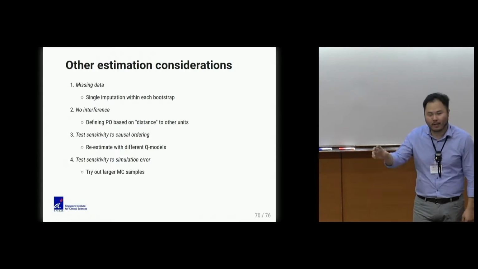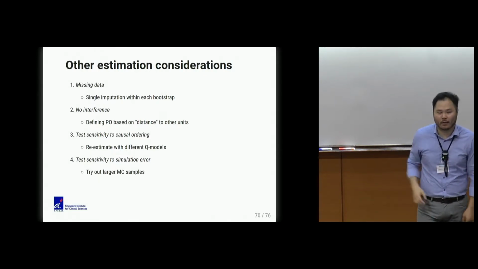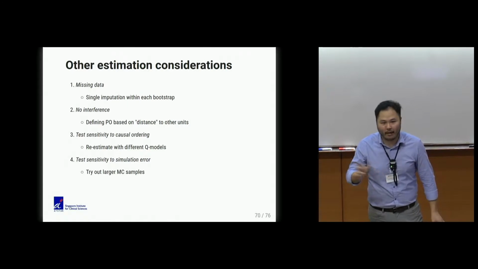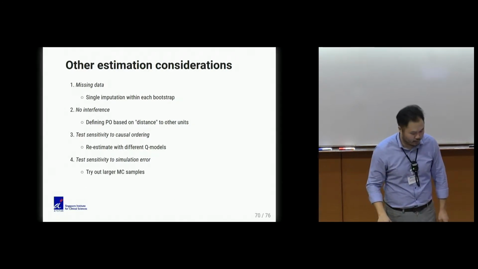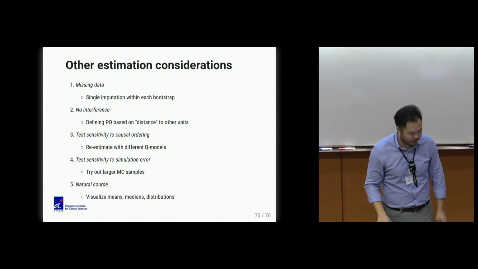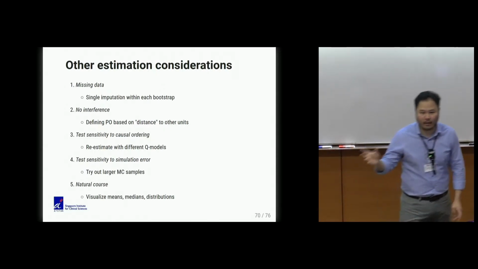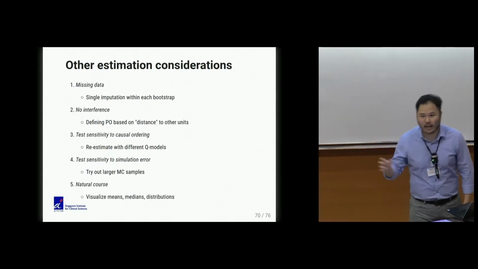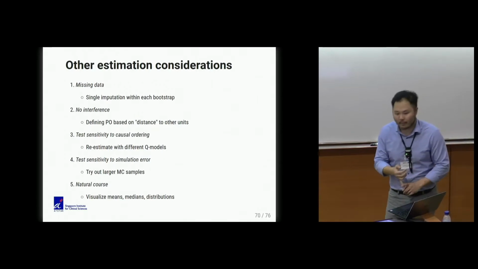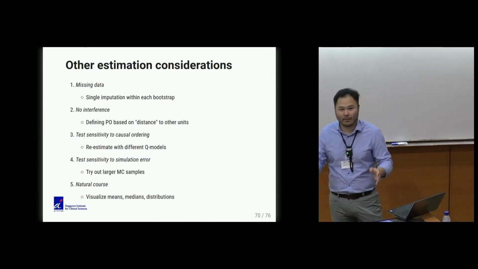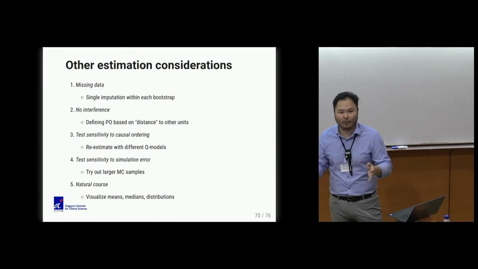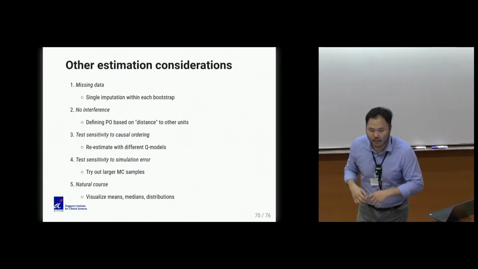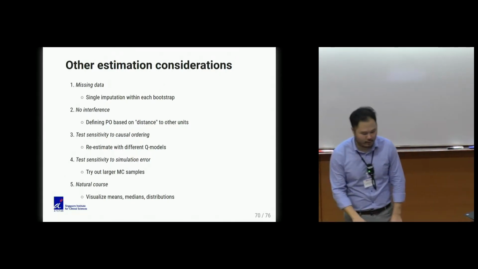So as much as computationally possible, try at least with larger ones to see if you have more variation in your outcome. For the natural course, as your diagnostic, you don't necessarily just have to look at the means. You can look at the counts. You can look at medians, distributions, and those are different tests for whether or not you think that you've generated a good outcome distribution from your simulations.